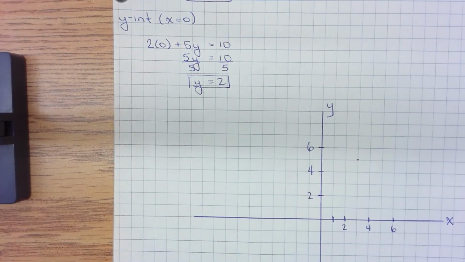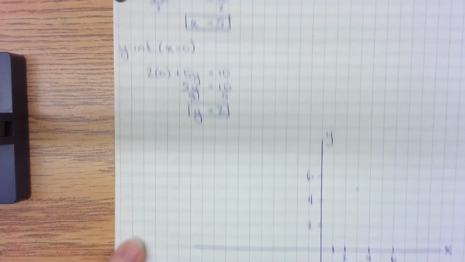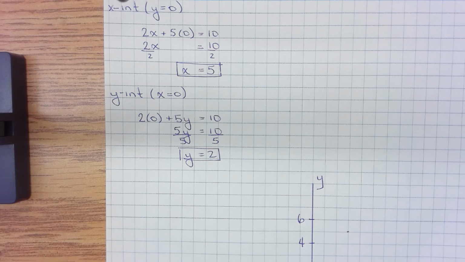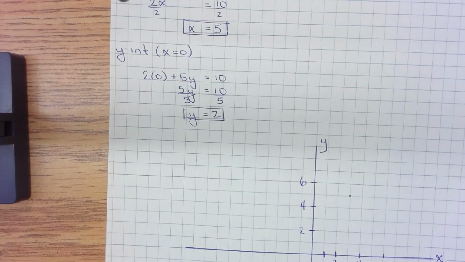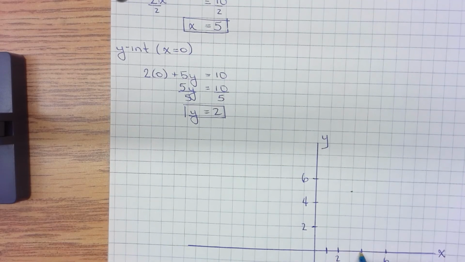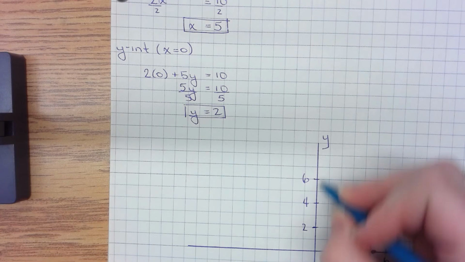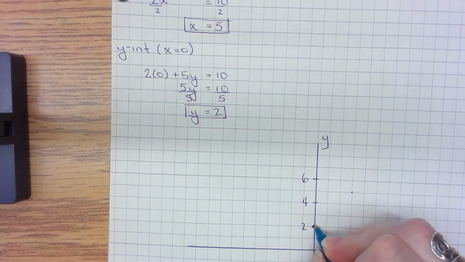When I'm determining the equation of my line, I determined that my x-intercept was x equals 5, so my x-intercept sits on the x-axis, and so I go here to 2, 3, 4, 5, and I put my dot. Then I know that my y-intercept is 2, so I go on the y-axis, and I go to 2, and I put my dot.